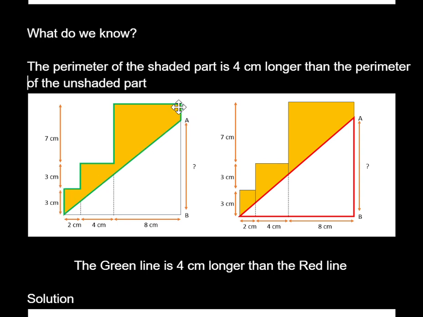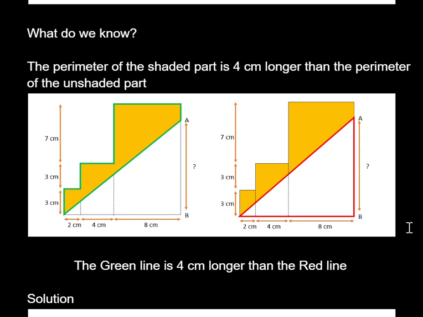The green one is the shaded part, which I outlined for you in green. The unshaded part is actually this triangle here. So the question says the green line is 4 cm longer than the red line.